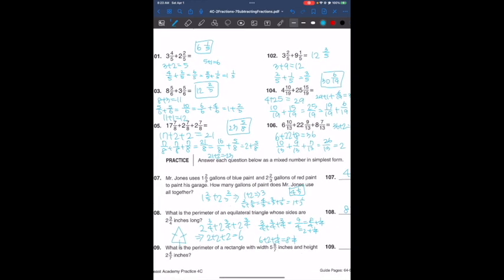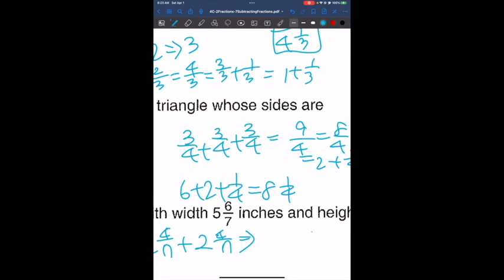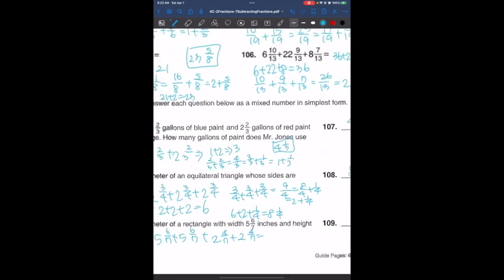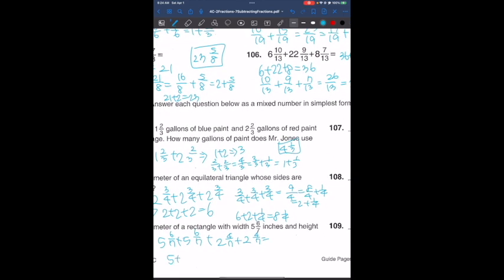Now for problem 109, it says, what is the perimeter of a rectangle with width 5 6/7 inches and height 2 4/7 inches? So we're going to add 5 6/7 twice, and then we're going to add 2 4/7 twice as well. So first, we're going to add the whole numbers together.